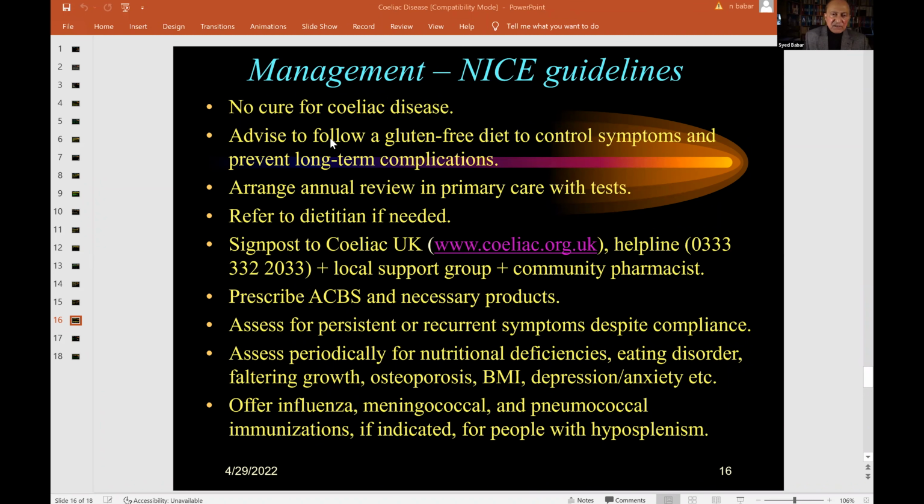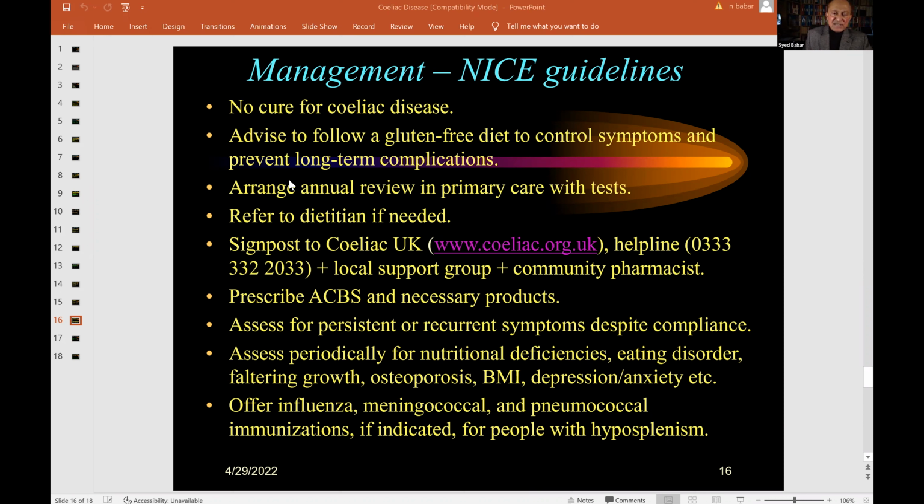The advice to follow a gluten-free diet leads to controlling of symptoms and prevention of long-term complications, such as deficiency disorders, enteropathy, and so on.